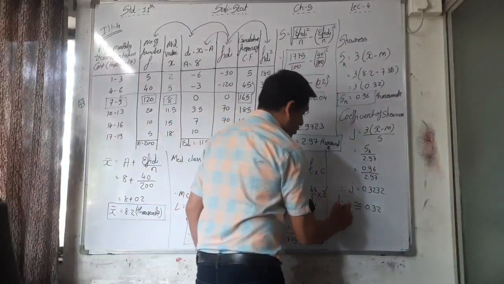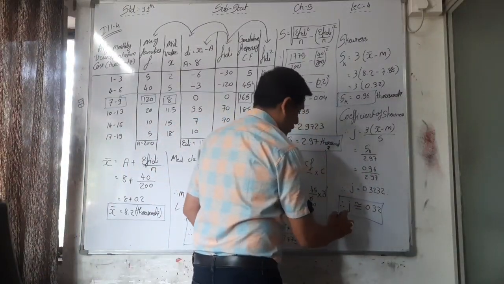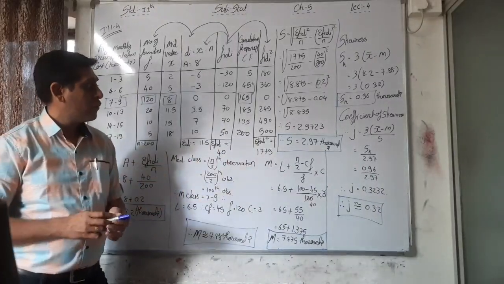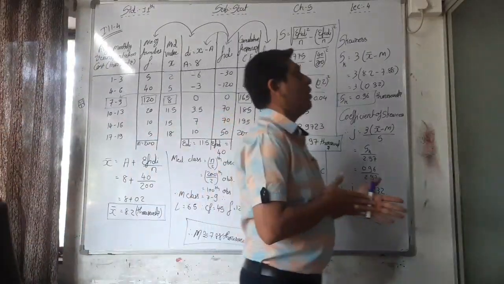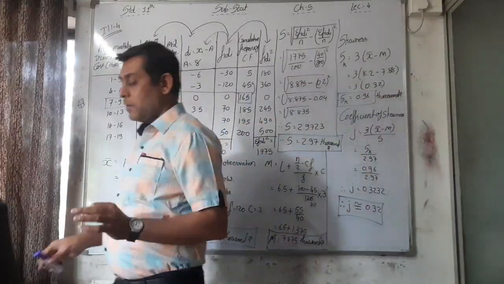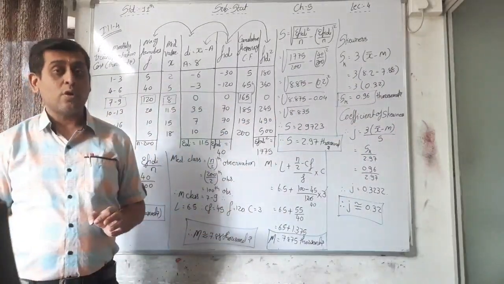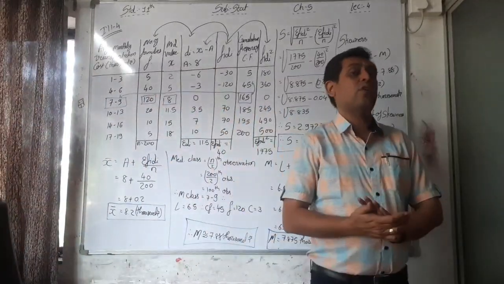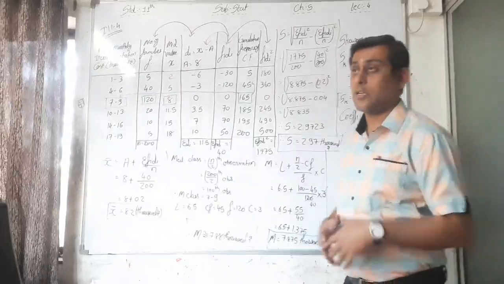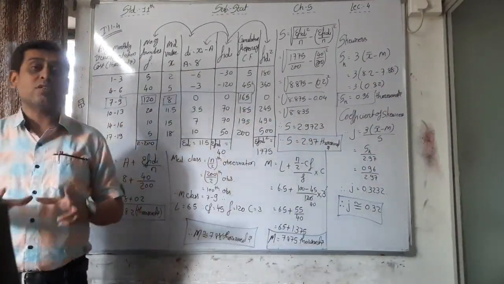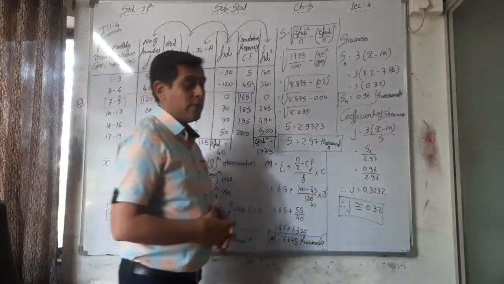So we have found all the values, skewness as well as coefficient of skewness. See, in this sum one new thing is that among mean, median, mode, if mode is defined, then we have to use the first formula of Karl Pearson, and if the mode is ill-defined, then we have to use the second formula of Karl Pearson.